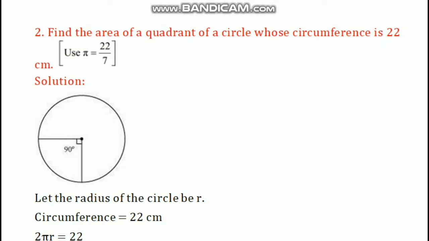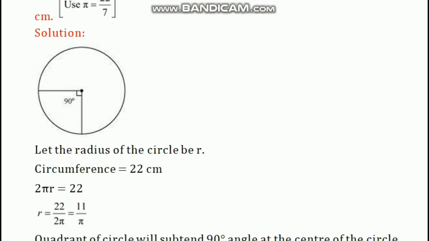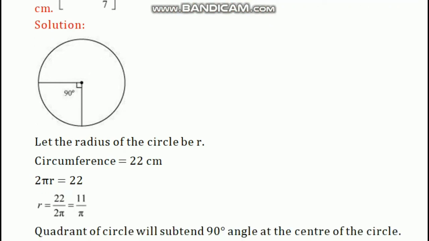So use the circumference formula 2 pi r. So 2 pi r equal to 22. So the radius is 22 divided by 2 pi. 2 pi transposes to the right hand side. So 11 divided by pi.